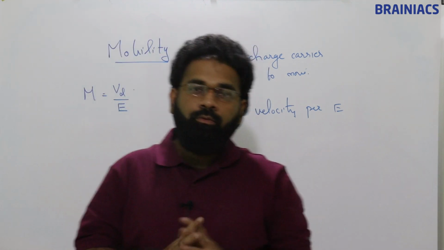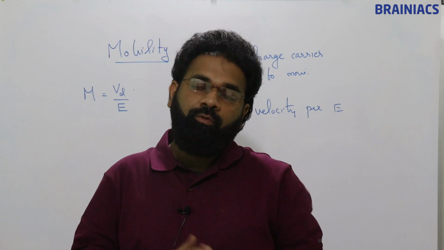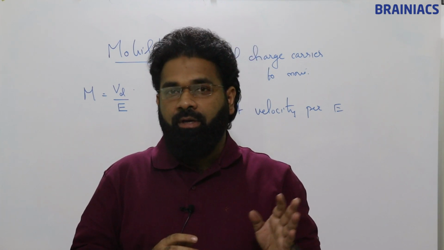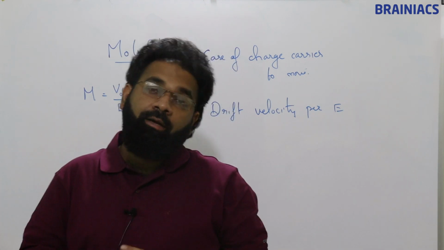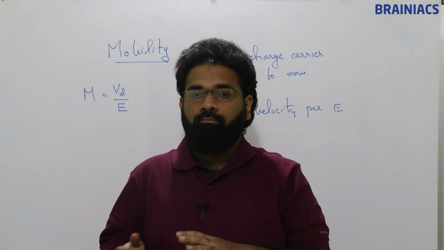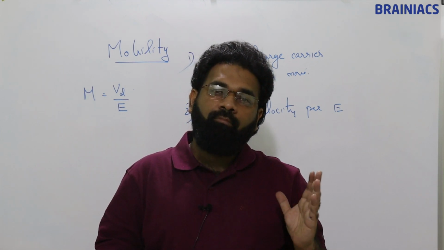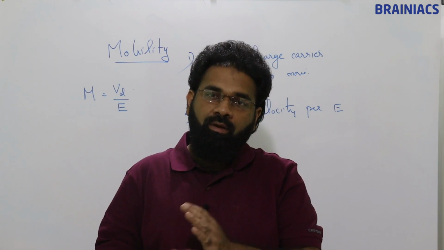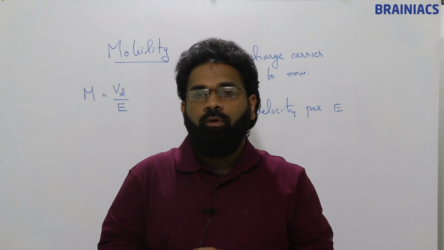So we have studied drift velocity, the relation between current and drift velocity, then current density, the relation between current density and drift velocity, and current density and conductivity. From that relation we derived Ohm's law.